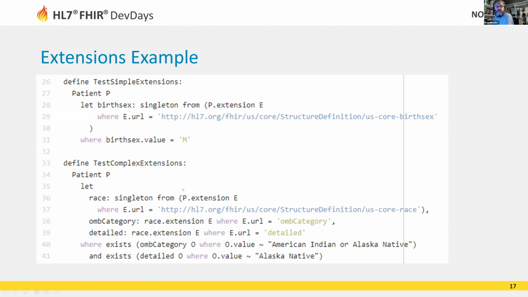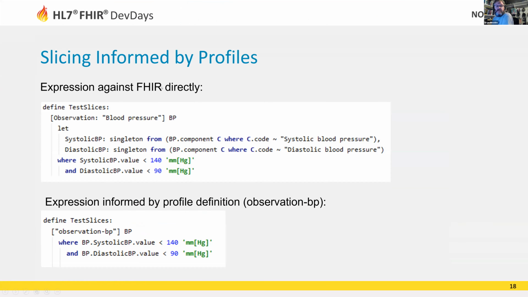So I can set that up, but you can see that that's kind of a lot of code. It would be great if the slicing could be informed by the profile definition, because the profile actually says systolic BP is a slice of the component element with a particular code.